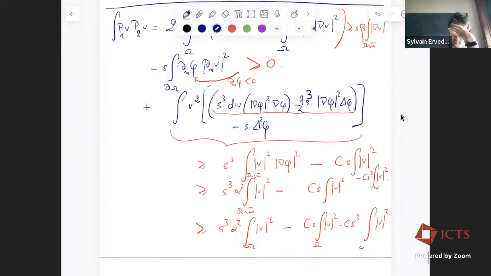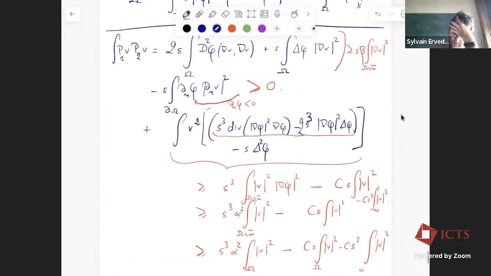So, I'm sorry, I've been a bit messy here. For this one, it's the same thing, right? In omega, the only thing you can say is that it is bounded like this.